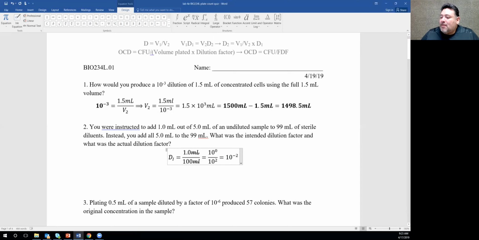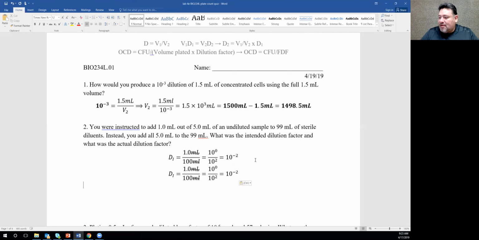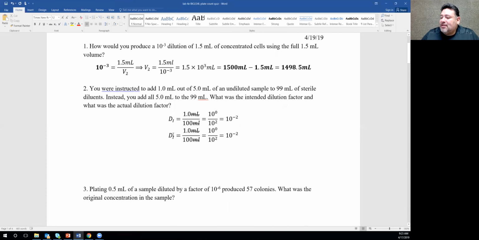Okay. Now, this is what I love about computers. You can copy and paste. So I'm going to copy. Right underneath it, I'm going to paste the actual dilution. So this is my actual. This is what actually happened. There we go.